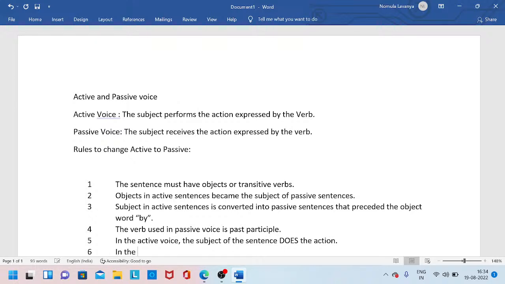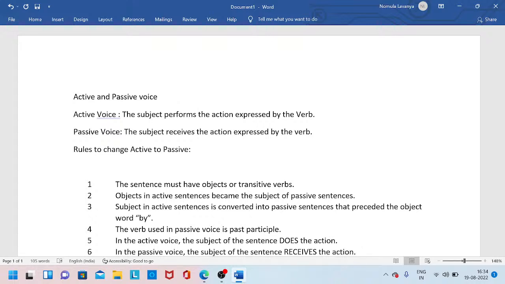In the passive voice, the subject of the sentence receives the action. So this is the rule.